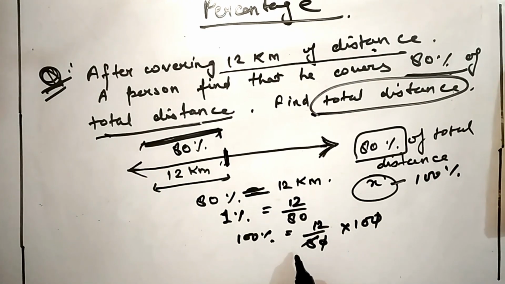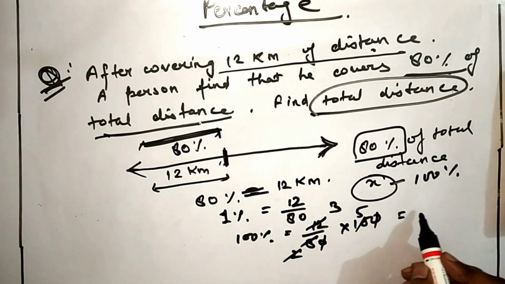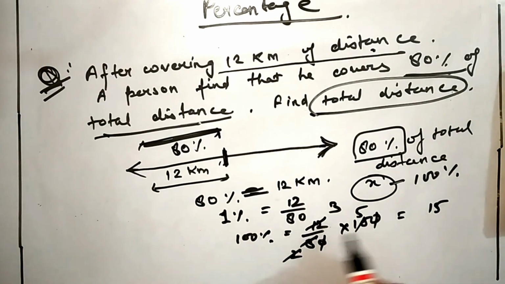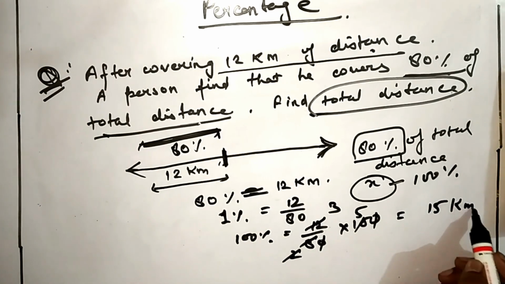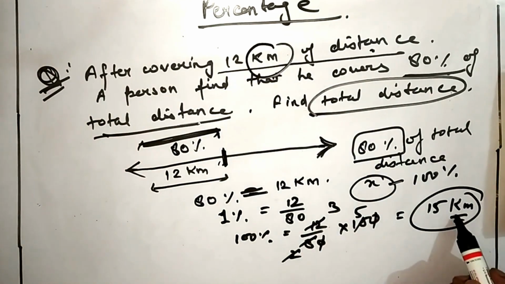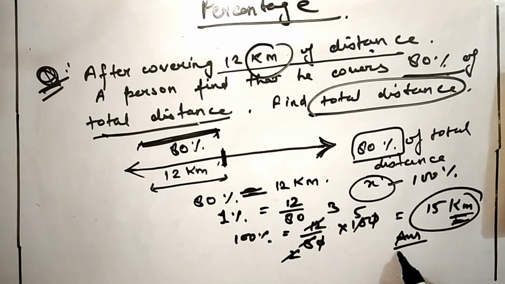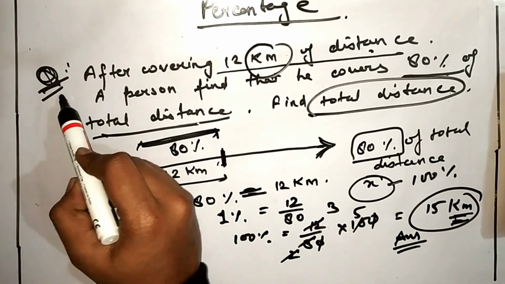So we will simplify this. 4 2s are 8, 4 3s are 12, 2 5s are 10. 100% distance will become 15 kilometer. Because it is given here kilometer, we are taking it as 15 kilometer answer. So this way UPSC will ask the question.